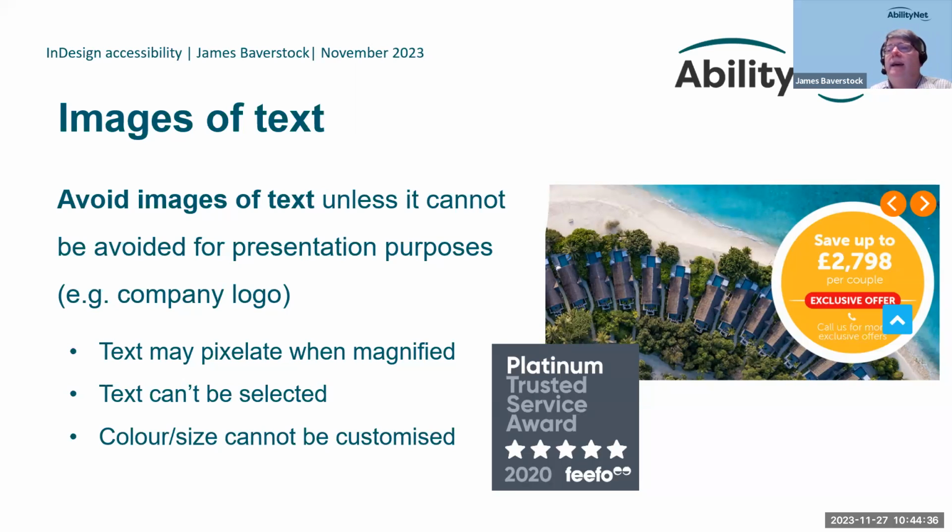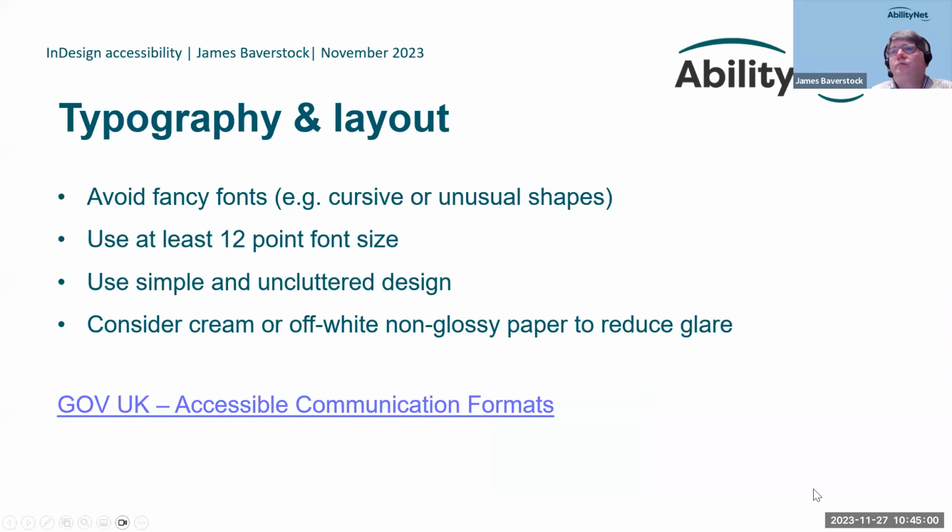So you want to avoid that. Also, if you've got an image of text, then the color and size of that text aren't going to be customizable. So you want to make sure that you're not using images of text, so that if the viewer people are using has the ability to change the color and size of text, those features will be available for people.